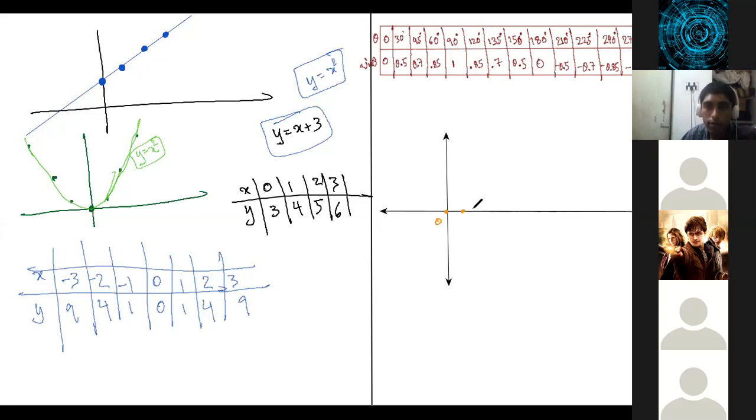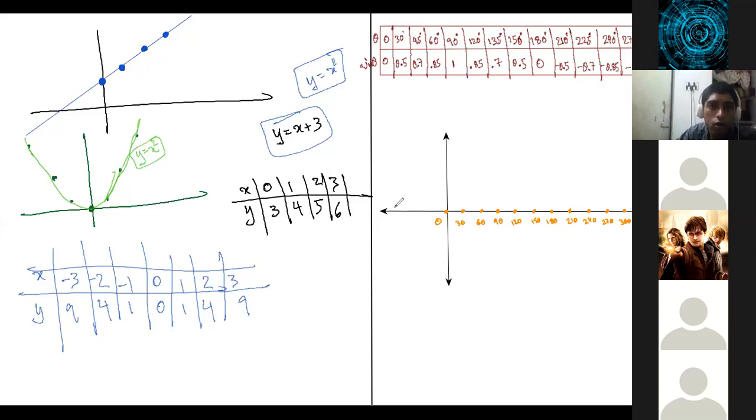Let us say equispaced: 0, 30, 60, 90, 120, 150, 180, 210, 240, 270, 300, 330, and 360.